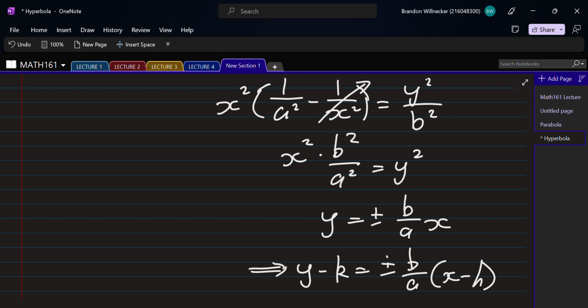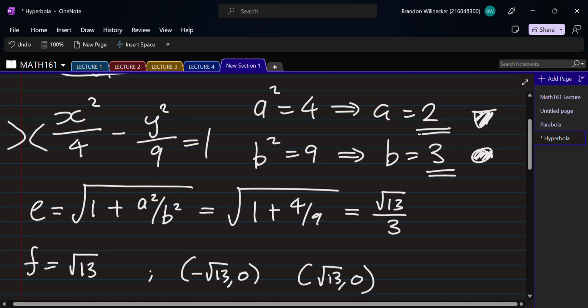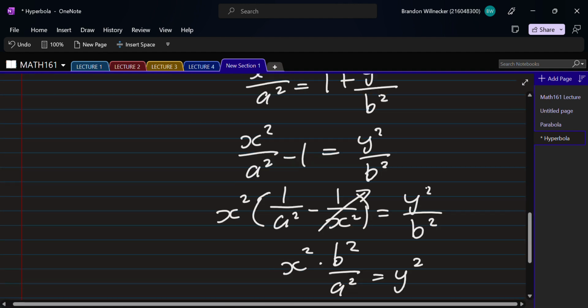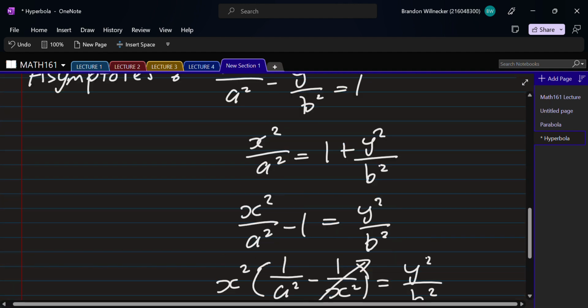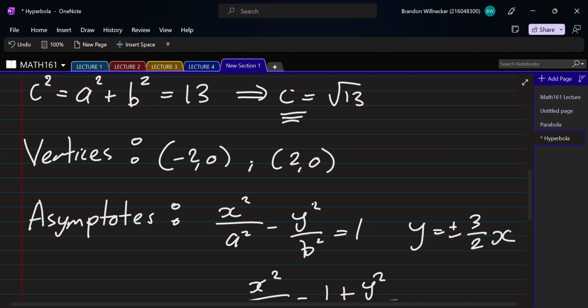So it's very easy to get there if we know what the original was. So in our case, what is this a and the b? a is 2, b is 3, so the asymptotes would be plus or minus 3 over 2, because it's b over a. So here we have y is equal to plus or minus 3/2 x.